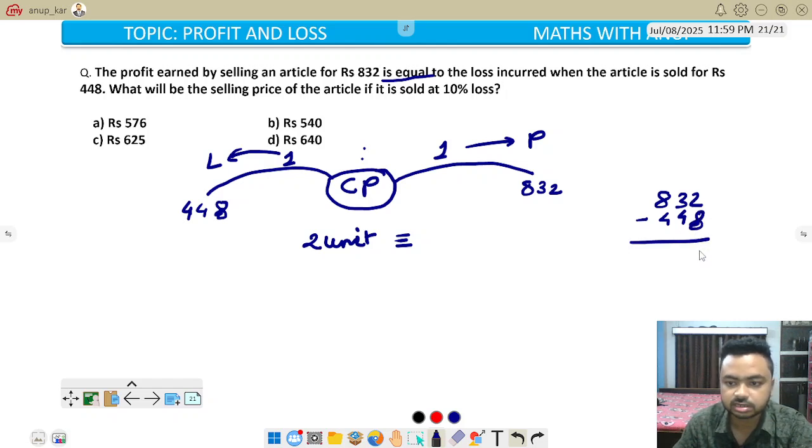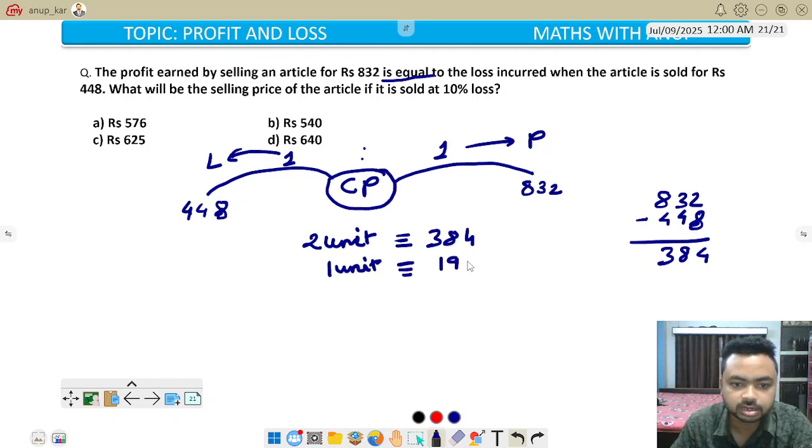So 12 minus 8 is 4, and 12 minus 4 is 8, and here it will be 384, I guess, if I am not wrong. 7 minus 4 is 3, so 384, and 1 unit will be equivalent to 192, is it not? 192, right? Yeah.